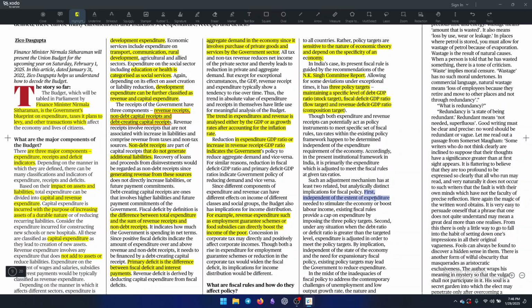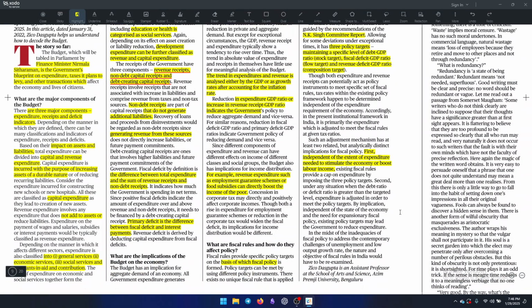First, independent of the extent of expenditure needed to stimulate the economy or boost labor income, existing fiscal rules can provide a cap on expenditure by imposing the three policy targets. Second, under any situation when the debt to GDP or deficit ratio is greater than the targeted level, expenditure is adjusted in order to meet the policy targets.